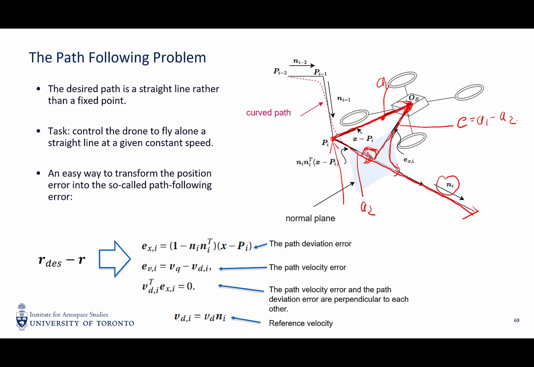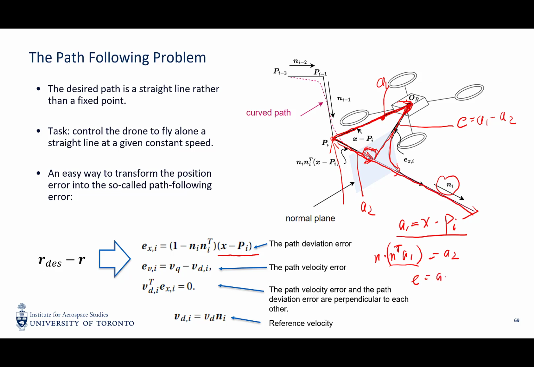Then how do we calculate this? A1 equals x minus Pi, so this vector is x minus Pi. And the projection of A1 onto the path is the inner product between A1 and N, times N. So this is A2.